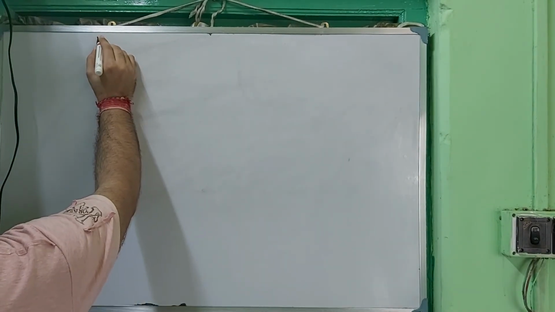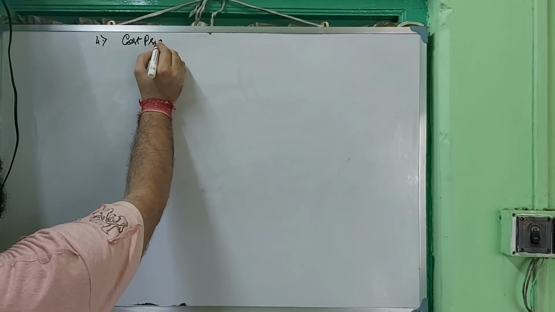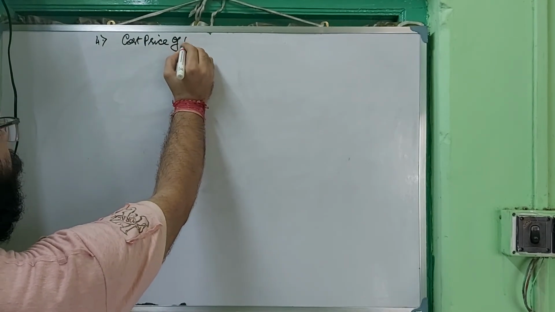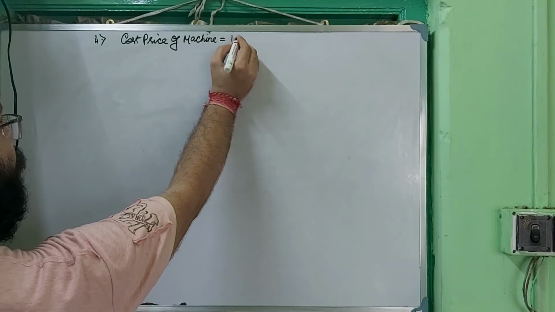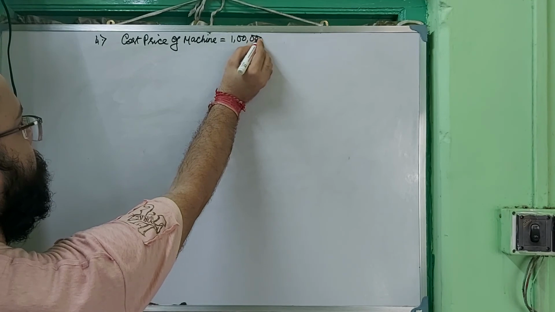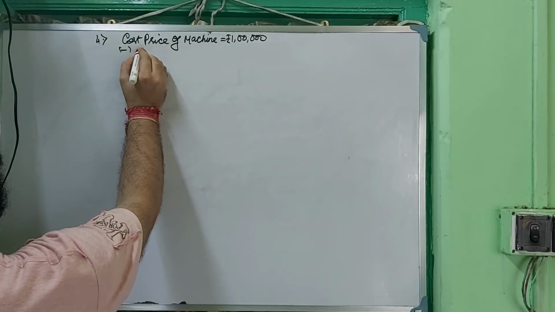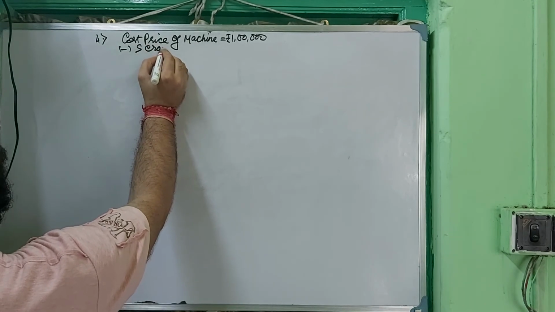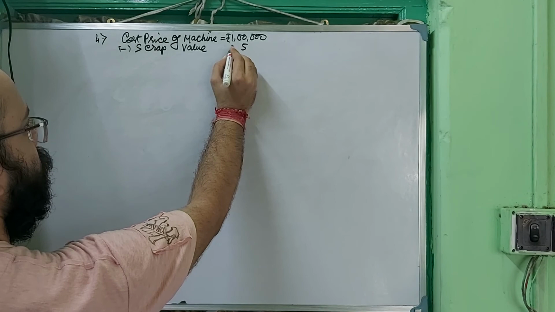So now sum number 4: cost price of machine is given as 1 lakh, less scrap value 5,000 rupees.